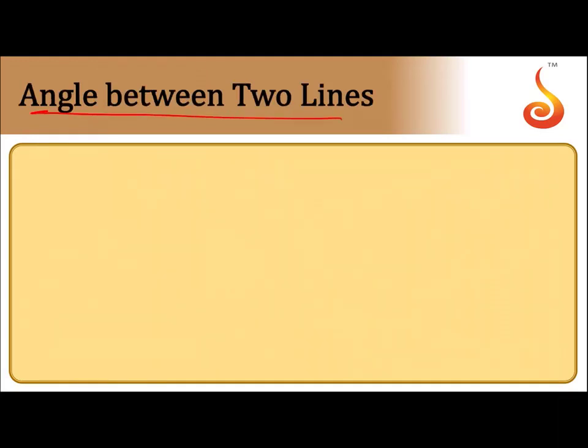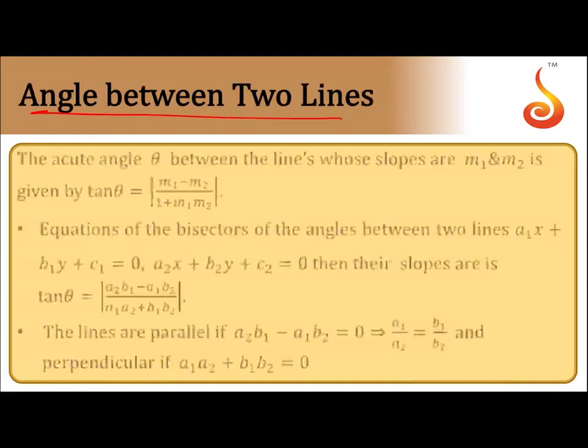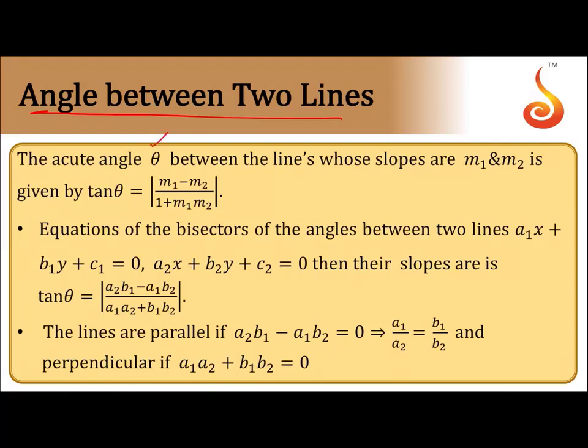Let me consider what is meant by the angle between two lines. How do you calculate the angle between the two lines? Let's revise the concept. If theta is the angle between the two straight lines whose slopes are m1 and m2, then tan theta is given by m1 minus m2 by 1 plus m1 m2. The same thing if the straight lines are given in the general form.